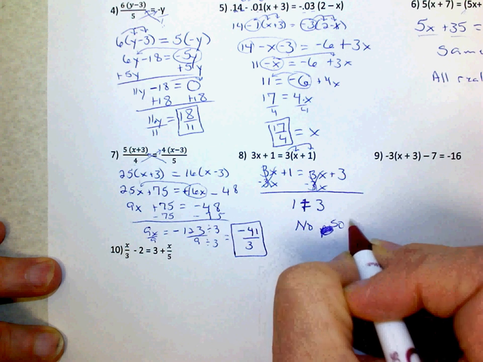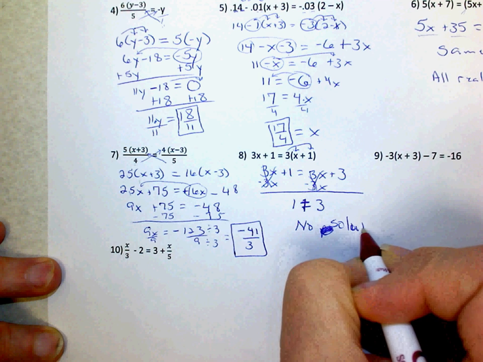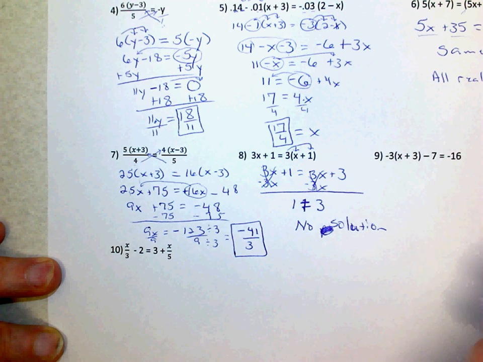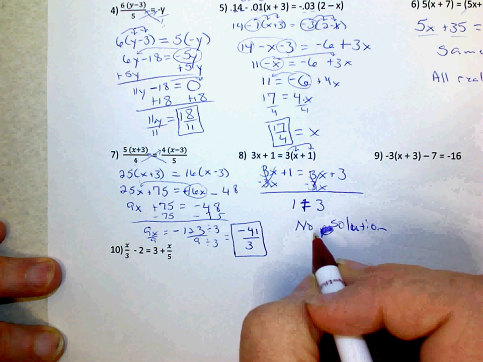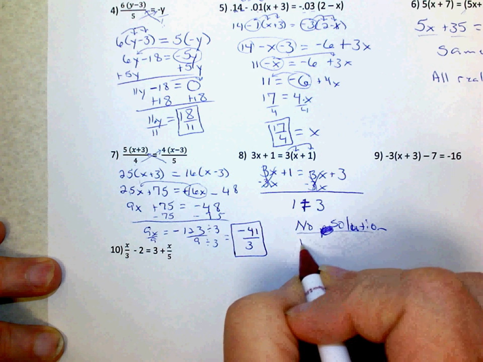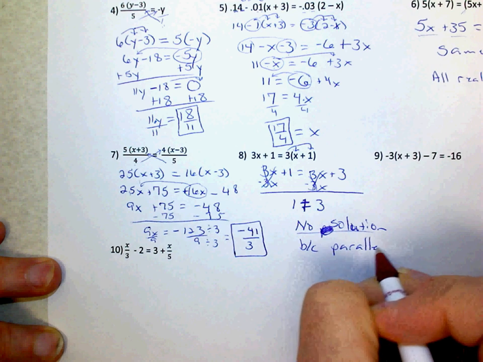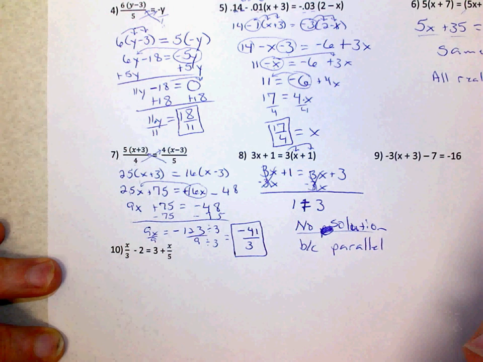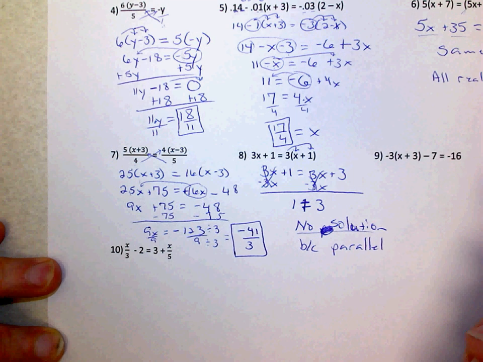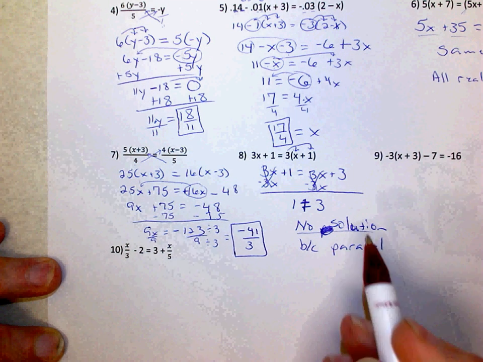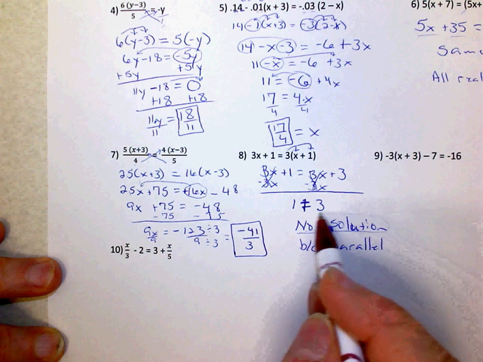Yeah, I can't write. Parallel lines have no solution because they're parallel. Parallel means that they run side by side, which means they never cross. So if they never cross, there can't be a solution.